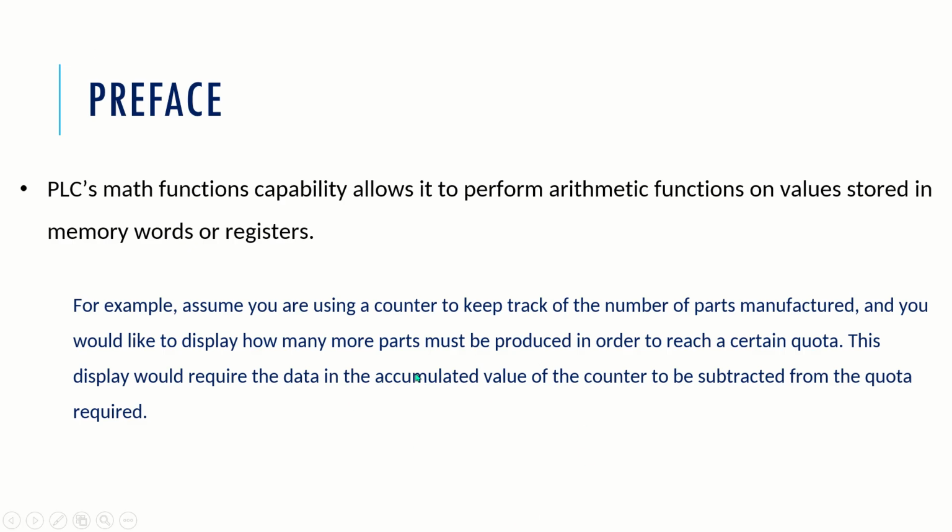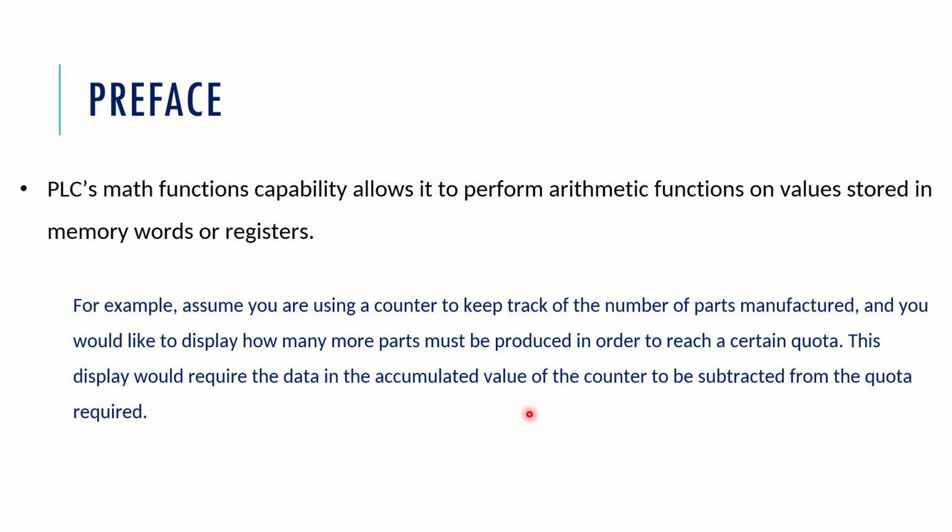Now what is the accumulated value of the counter? Once each of those parts that are produced passes through the counter enable bit, the counter will start accumulating like this, 1, 2, 3. And you need to store the value of 100 at some memory location, from which you subtract continuously the accumulated value of the counter.